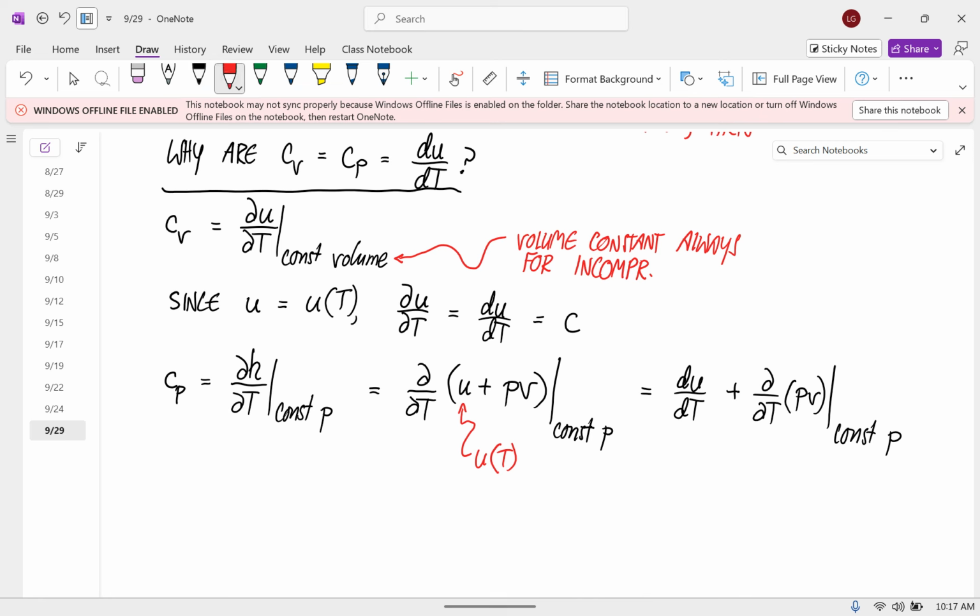And now let's look at that second term. Well, V is always constant because it's incompressible.